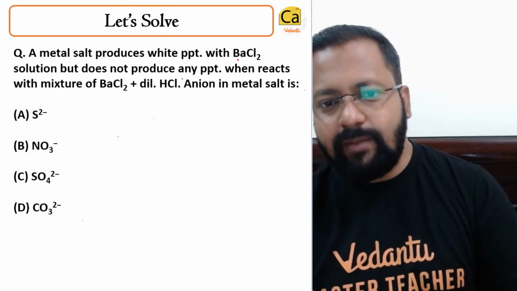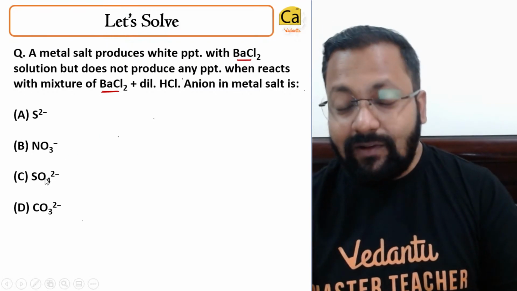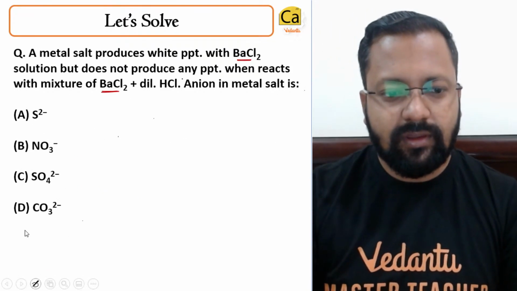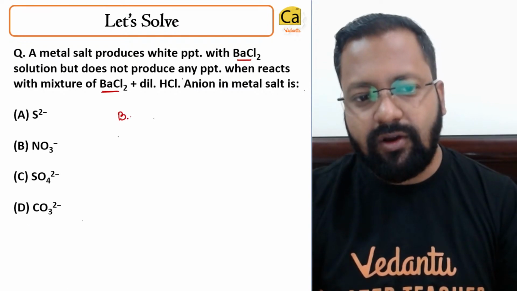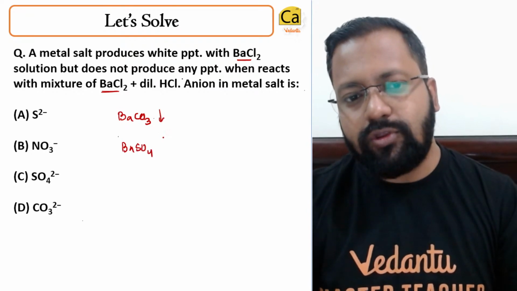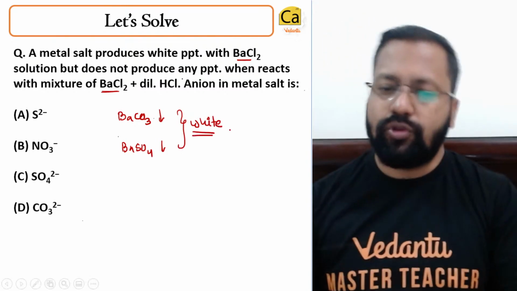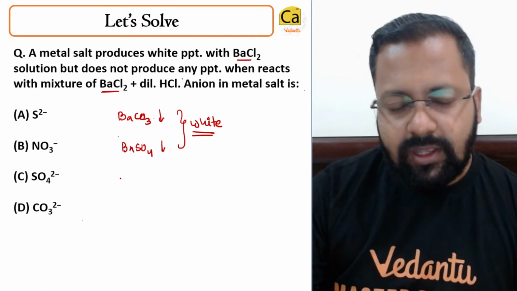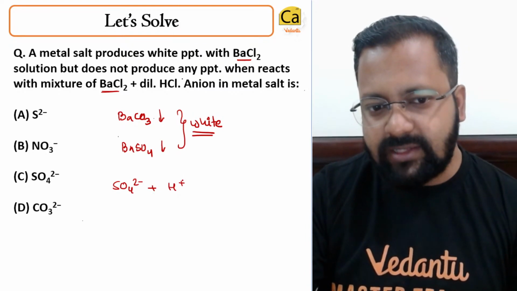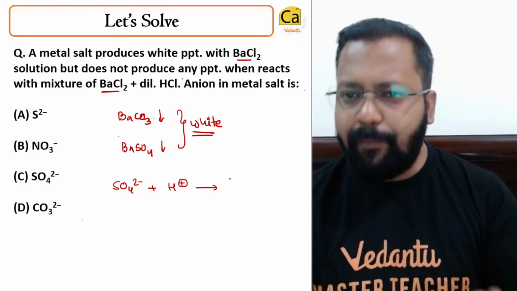Now look at one thing, barium chloride will produce a precipitate of barium sulfate and barium carbonate. It will produce a precipitate of BaCO3 as well as BaSO4. Both of these will be white in color. However, if you use dilute acid, then what will happen to sulphate?